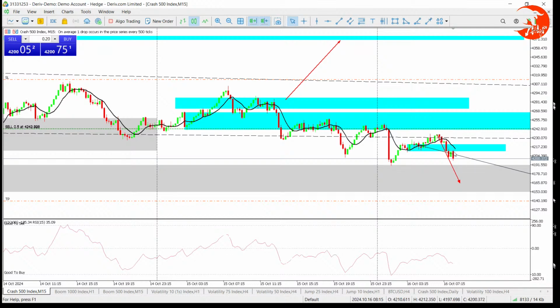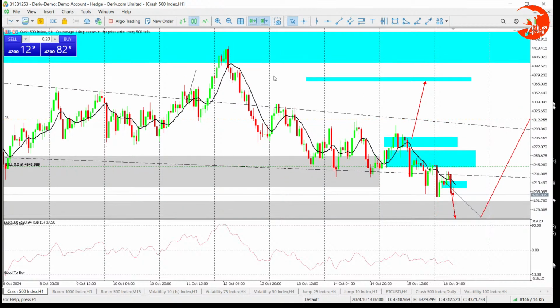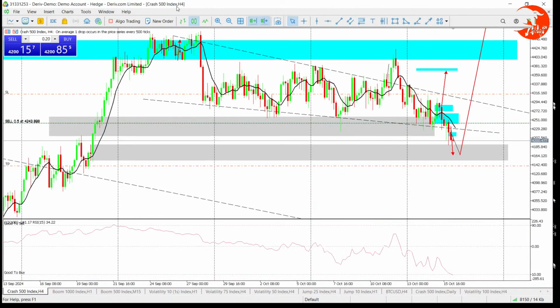So we had an entry there after the retest according to M15, but we can see that on H1 we are clearly selling, H4 we are clearly still selling, although we can see it is showing we are oversold, but we are not yet where we are supposed to be, so that's why we are continuing to sell.